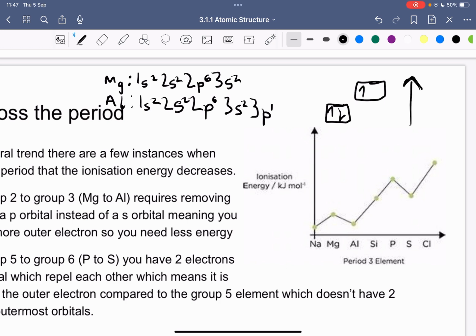So if you think of the structure of the atom, it's more outer, it's further away from the nucleus. And because of this, you need less energy to remove it. So this one here, you need less energy to remove. And that's why the ionization energy decreases for aluminium. A 3p1 is easier to remove than a 3s2.